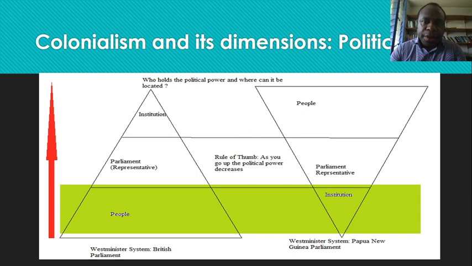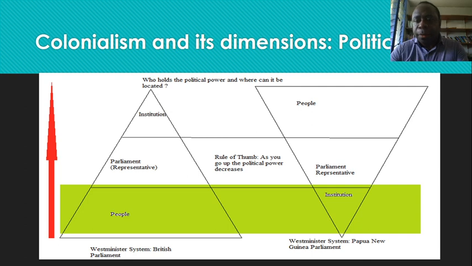So you can see in PNG, institutions as you go up, parliament, legislature, and the people. In this illustration, the rule of thumb is as you go up, the political power declines. The basis of political power, highlighted in green for representative democracy, mostly those developed democracies in Europe, lies with the people.